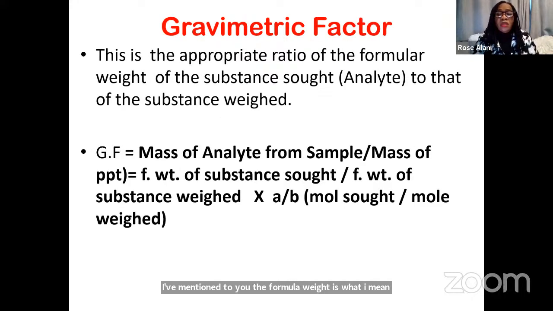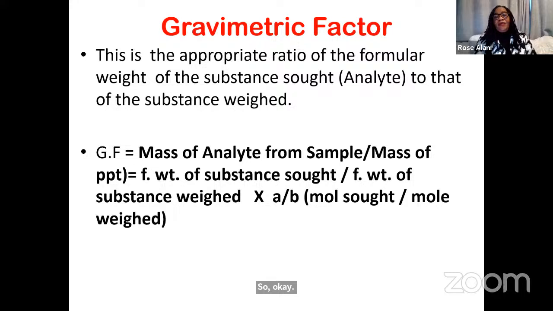Then you multiply it by the ratio of the mole of your analyte by the mole of the entire precipitate. And it's okay.